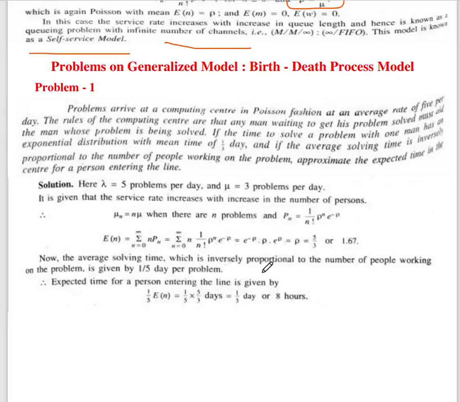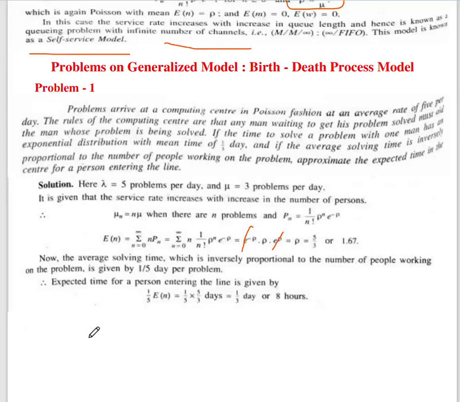So we will get e to the power minus rho times e to the power plus rho, which will cancel, so only rho remains. We know that rho is lambda by mu, so by using the formula rho equal to lambda by mu, that is 5 by 3, that is 1.67.